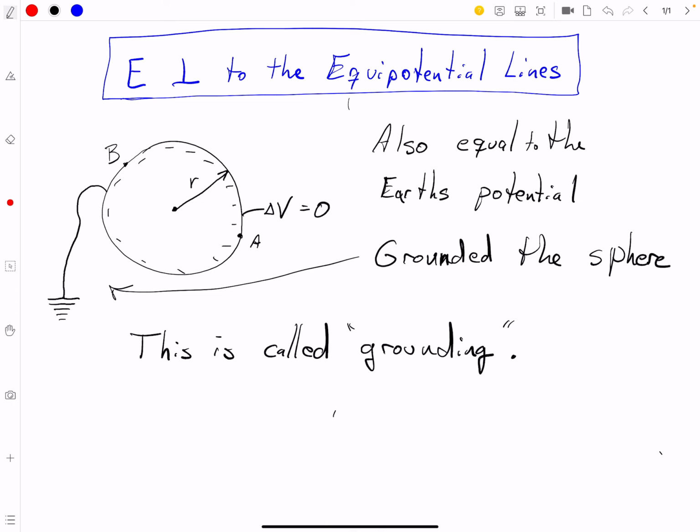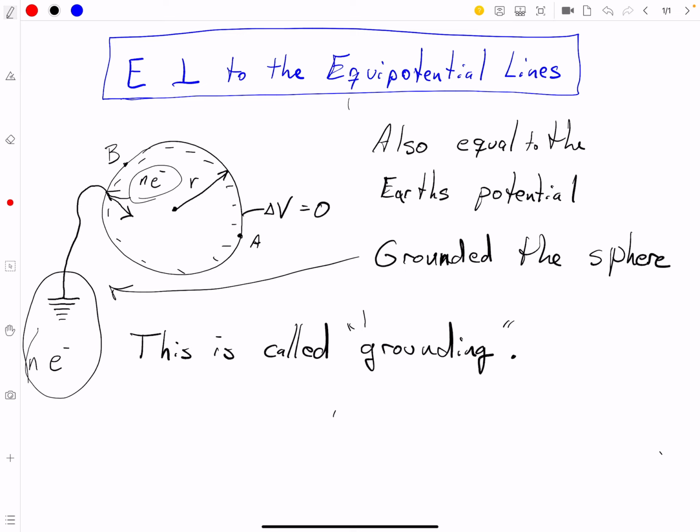And whatever happens when we do that, either the Earth has more charge, more electrons, so the number of electrons in the Earth is greater than the excess in our sphere, or not.